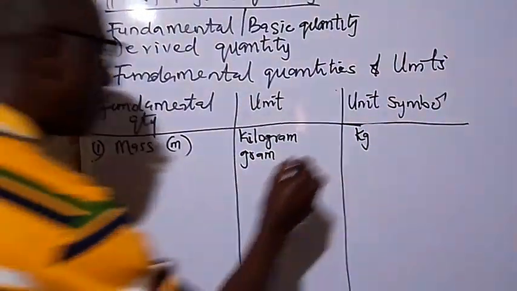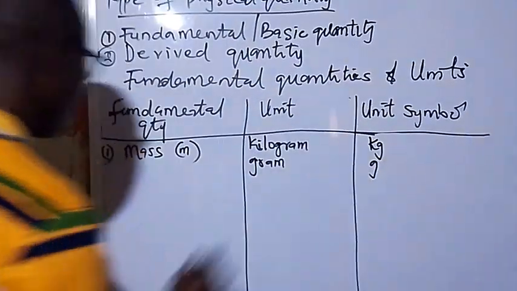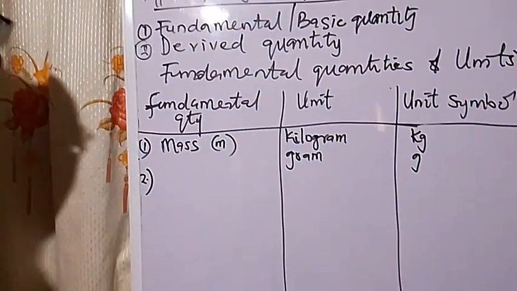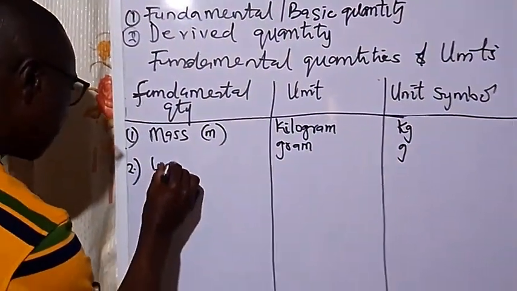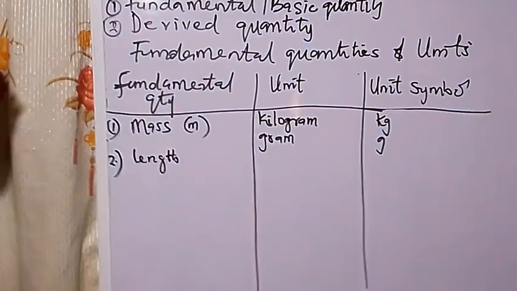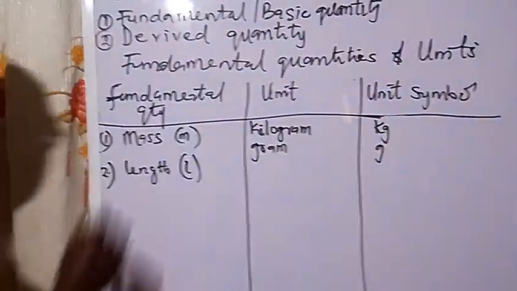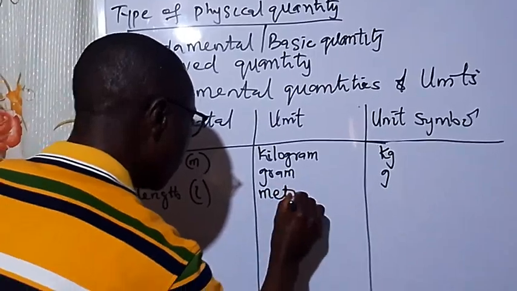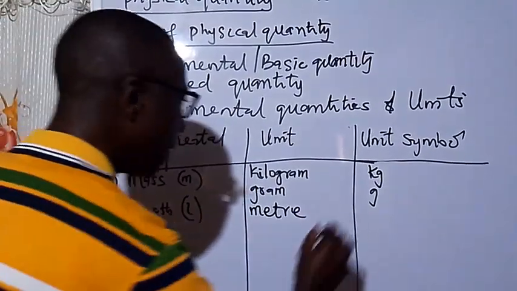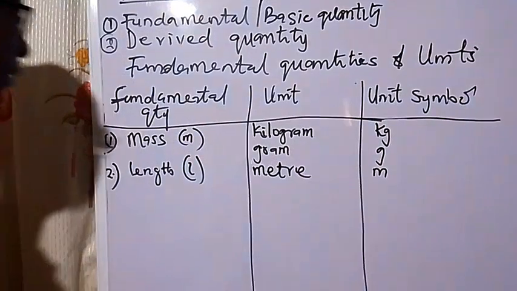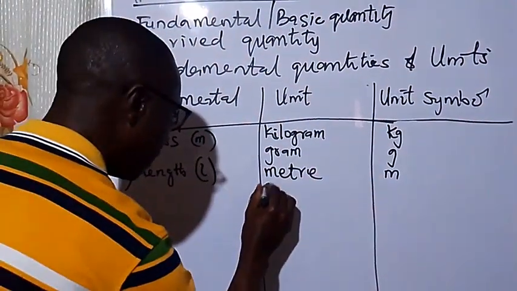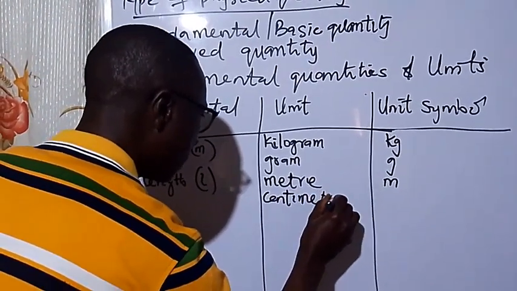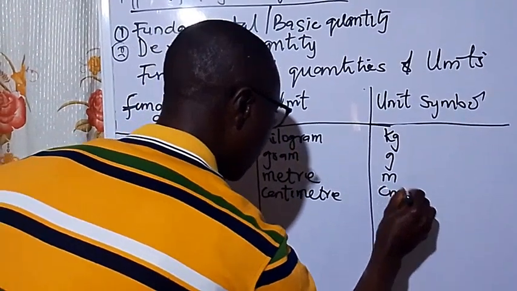The symbol is g. The number 2 on the list is length. The unit for length is meter, while the symbol is m. At the same time, it can be centimeter, while the symbol is cm.